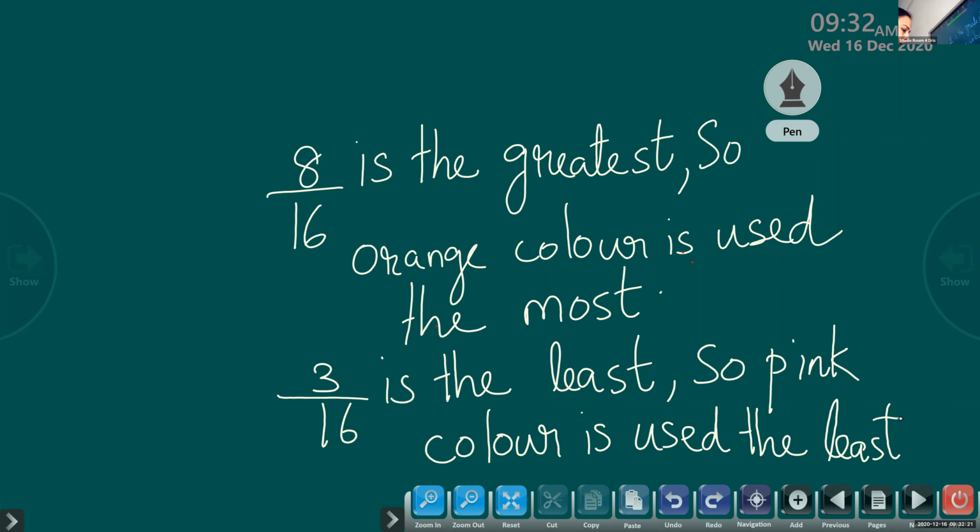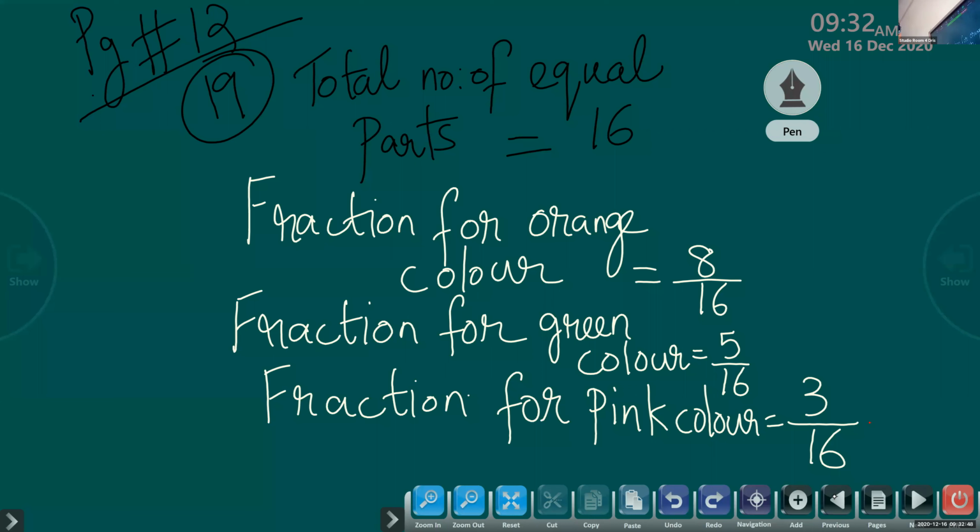Okay, children, question number 20 is also the same as this. It is given that circle. And we have the same question like this. Question number 19.